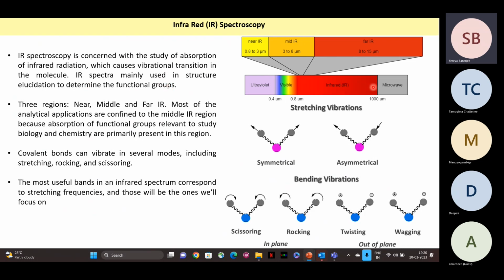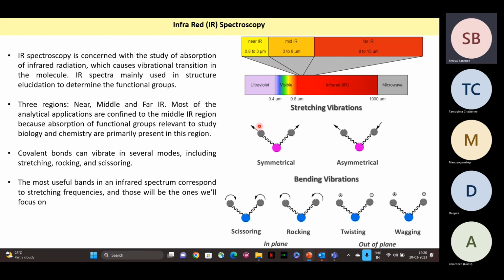Now the IR region can be divided into three parts: near IR, from 0.8 to 3 micrometer, mid IR from 3 to 8 micrometer, and far IR from 8 to 15 micrometer. Most of the applications are confined to the mid IR region because most of the functional groups in chemistry are excited by the mid IR region.